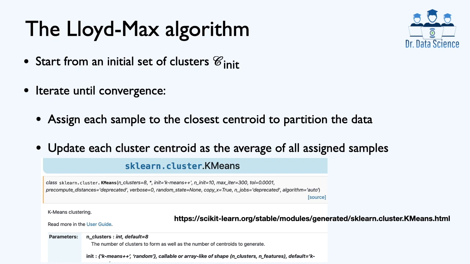The K-means clustering algorithm is implemented in the Scikit-learn package, and you can import it from sklearn.cluster, which includes a wide range of clustering techniques. You can find more information by reading the documentation page, and as I mentioned, the most important input argument is the number of clusters, shown here by n_clusters, that you have to specify.